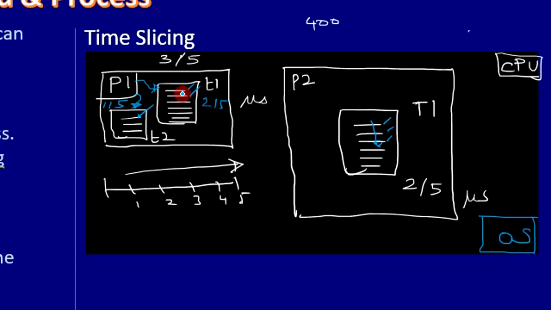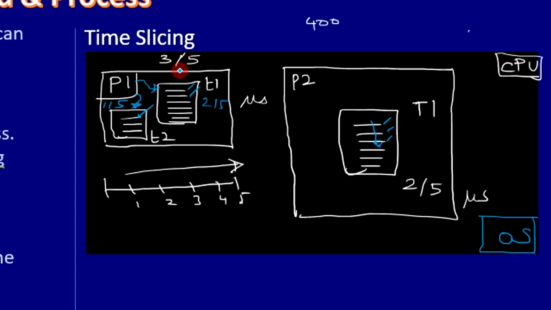In that case, since we want thread T1 and T2 to execute in parallel, when the CPU gets a time slot for this specific process, it will further divide that time slot to execute these two parallel pieces of code, or these two threads T1 and T2.